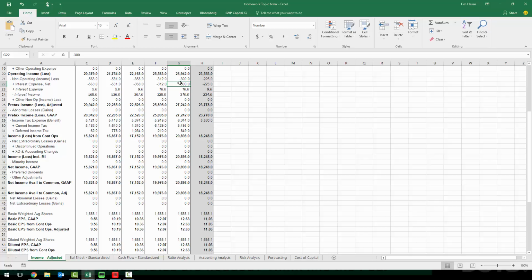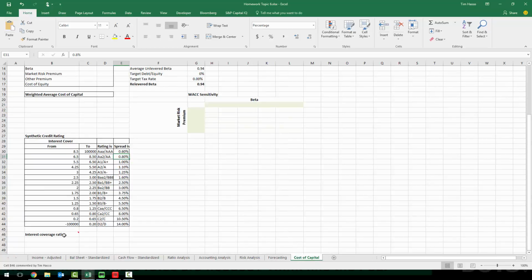So when they have interest income, we can't necessarily use the interest cover ratio. But what that tells me is that the interest cover ratio is very, very good. Whenever you have interest income instead of interest expense, it automatically means that your rating is AAA, which means that the spread for H&M will be 0.6.